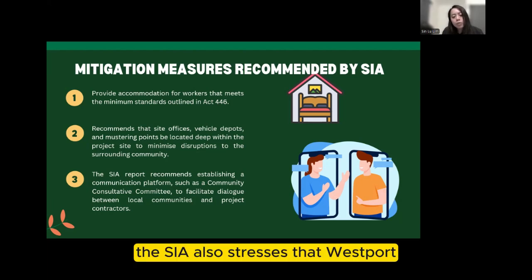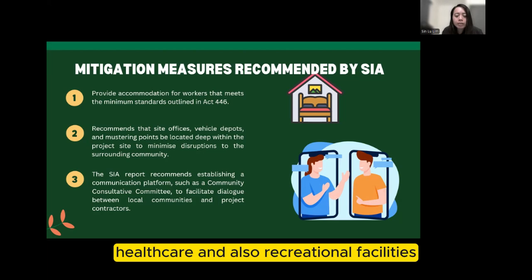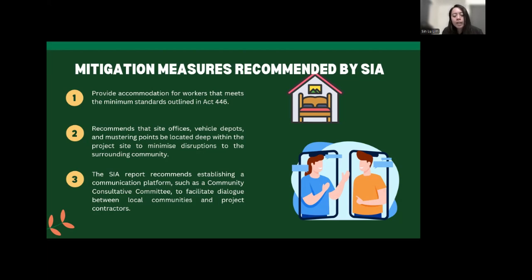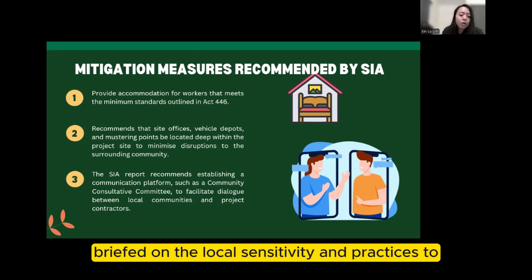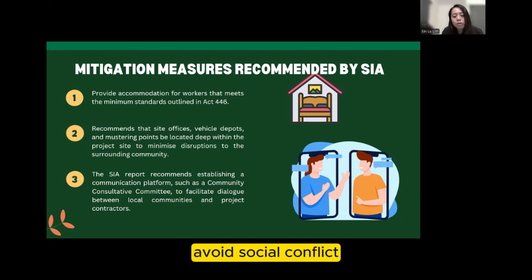The SIA also stresses that Westport must comply with the amended Act by ensuring workers have proper accommodation and essential amenities such as water supply, sanitation, healthcare, and recreational facilities. The foreign workers should also be briefed on local sensitivities and practices to avoid social conflict.